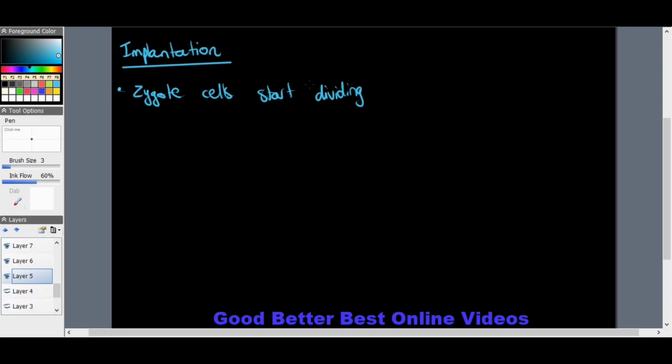By the time it reaches the uterus, it is a little ball of cells, hollow in the center.